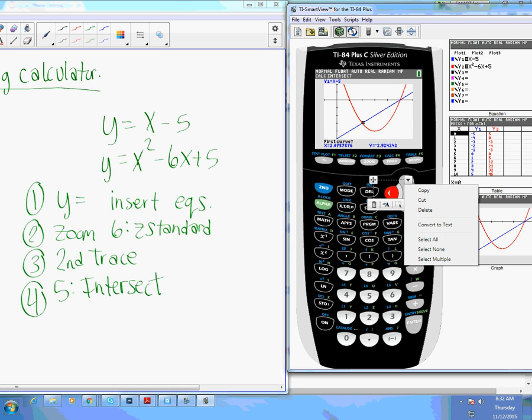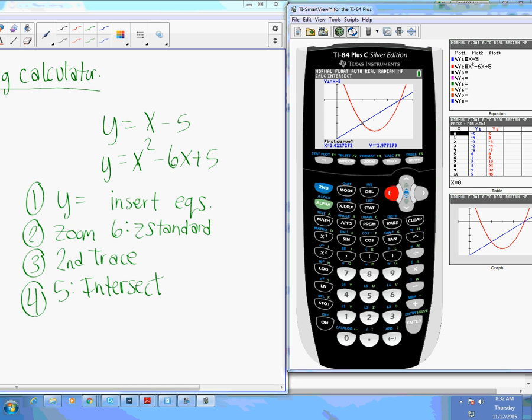Oops, what did I just do? Delete that. Okay, so I'm going to do the left one first, the lower intersection first. So arrow your bug right and left, depending which way your bug is, until it's on that intersection point. When it's there, press enter.